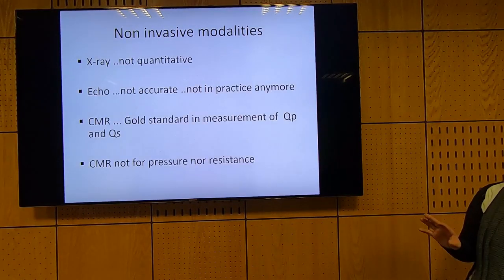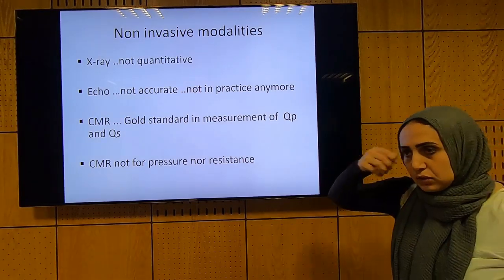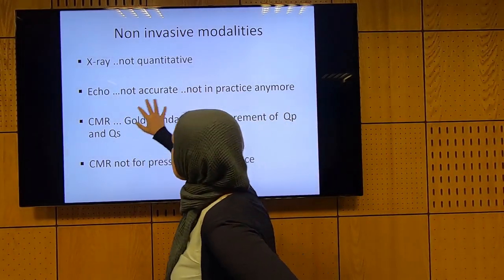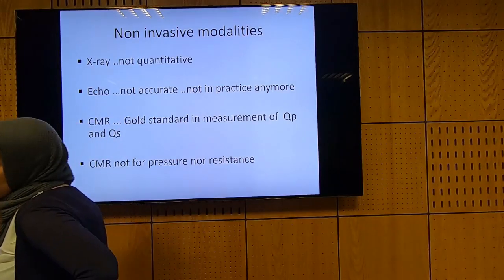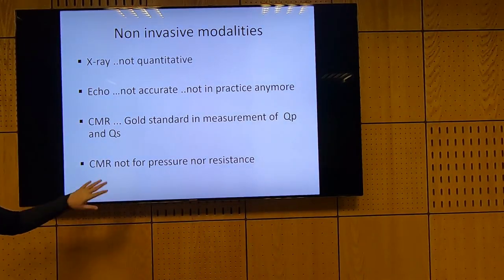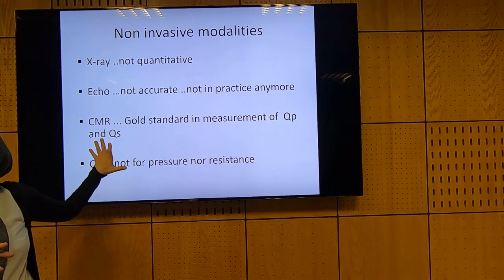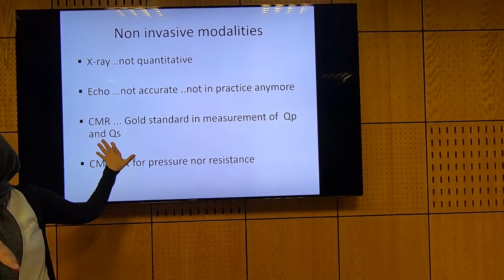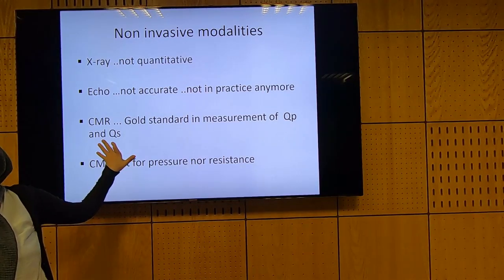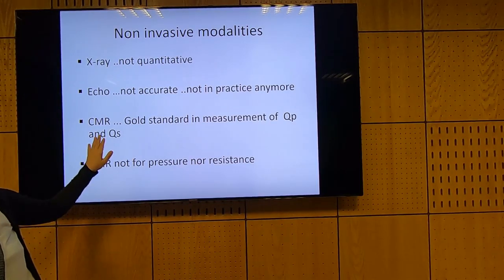So again, for all non-invasive methods, because the Fick method is invasive, X-ray is not quantitative. Echo has no place at all in measuring the QP/QS. CMR is the gold standard to measure the QP/QS in abnormal situations, but also in shunts. If it's easier for MRI to measure the QP/QS in difficult situations, in shunts it's just routine work.